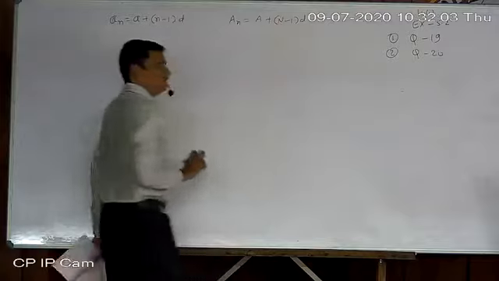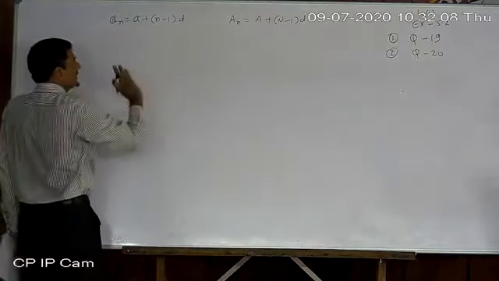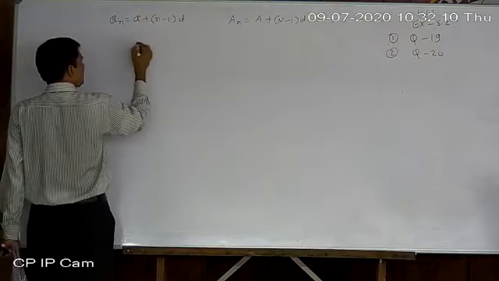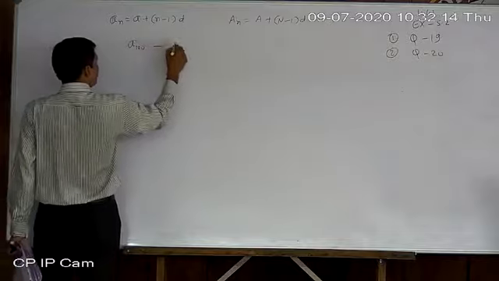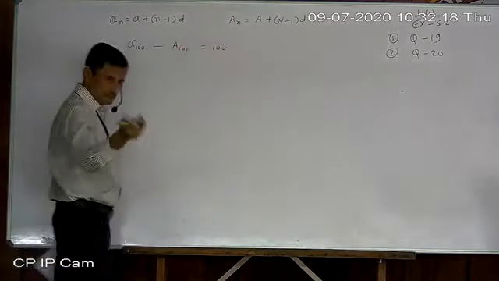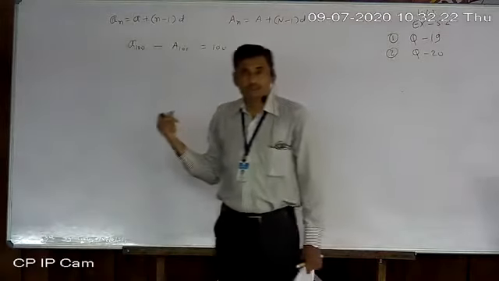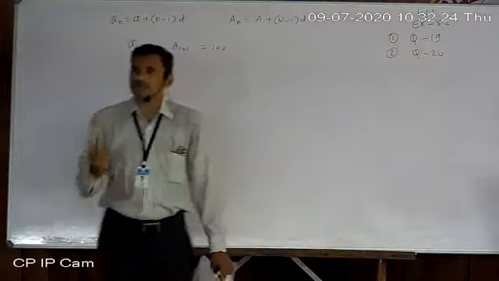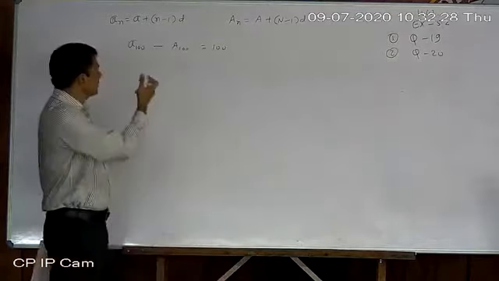Then they are giving that it is 100. So now they give us the difference between a 100 minus capital A 100 equal to 100. That is given. Look there. I told you in the previous one that you have to write their statement in mathematical notation. So I write here in mathematical notation.